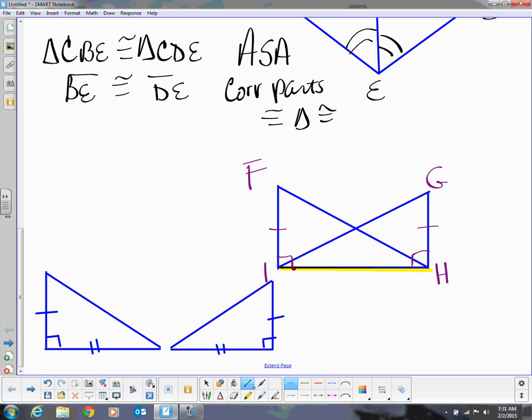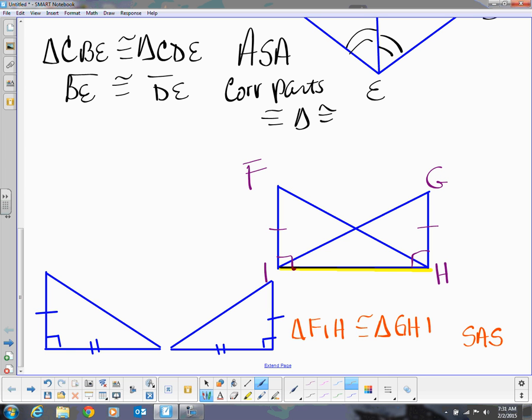So why are these two triangles congruent? Side equals side. Now, what's this statement that goes with side equals side? FIH, and corresponding to side. Excellent. Next question.